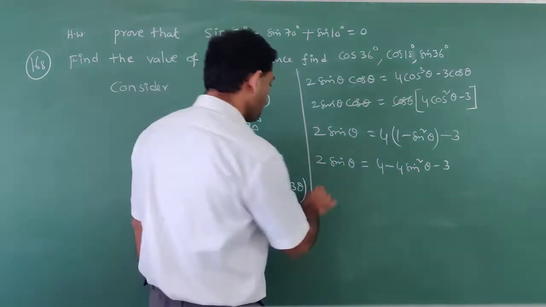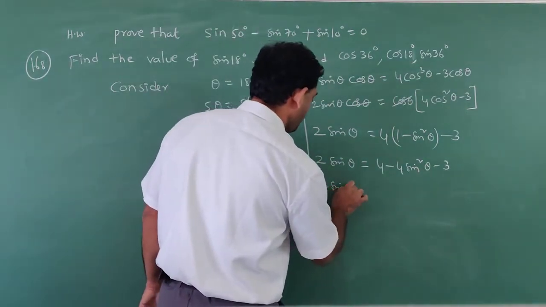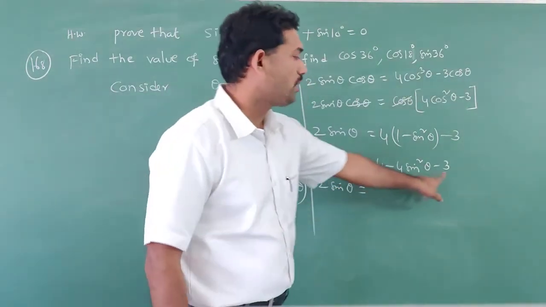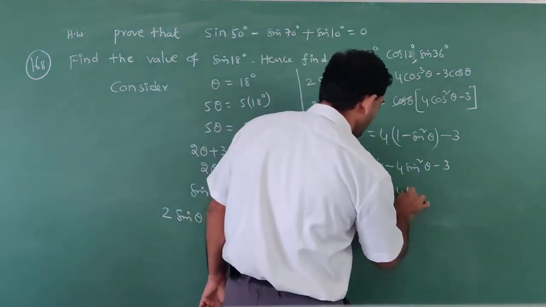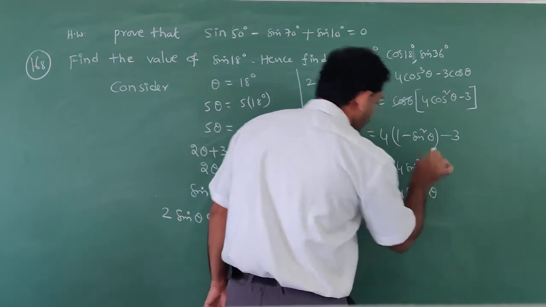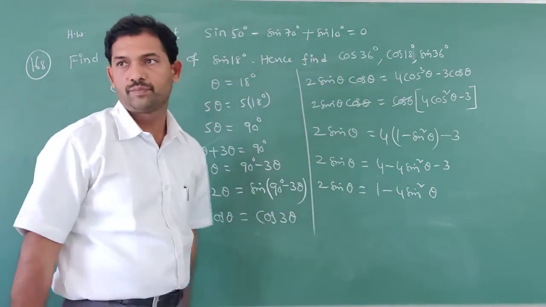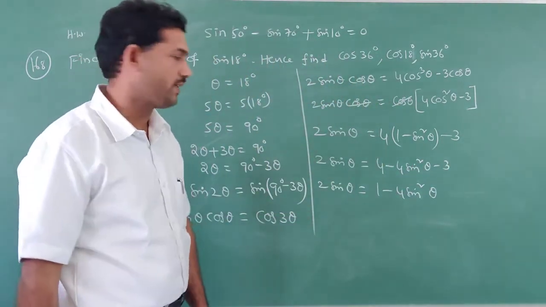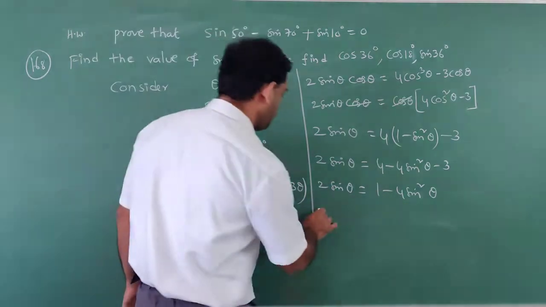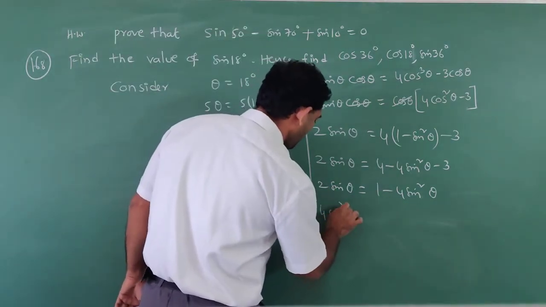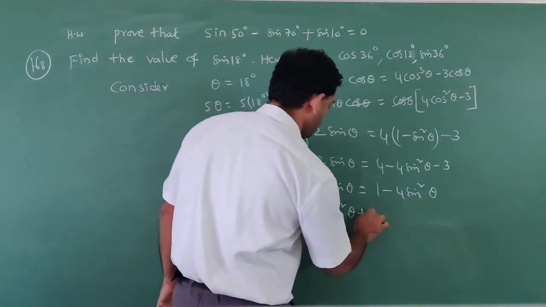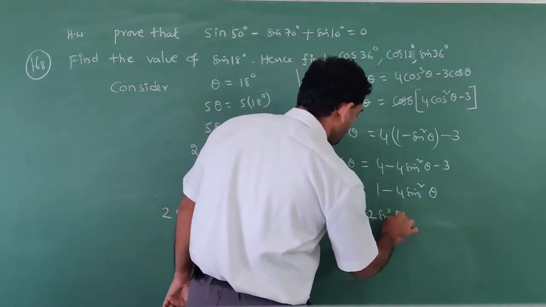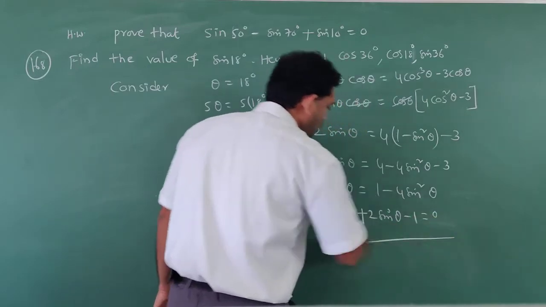After that, 2 sin theta equals 4 minus 3, 1, minus 4 sin square theta. So bring all values to the left hand side: 4 sin square theta plus 2 sin theta minus 1 equals 0.